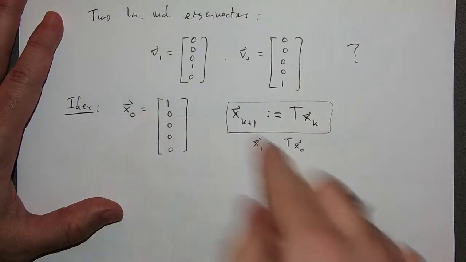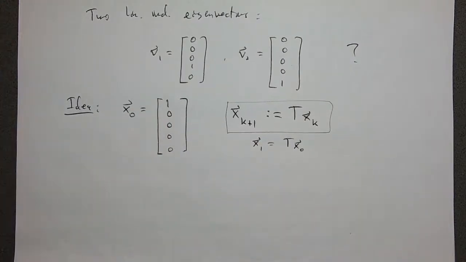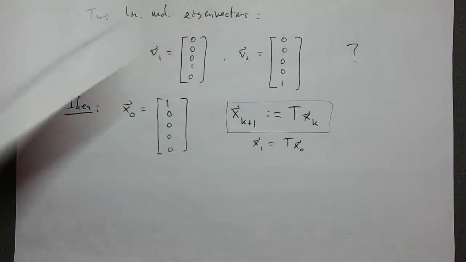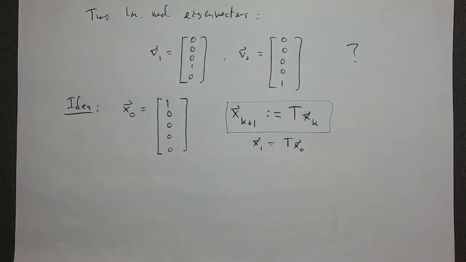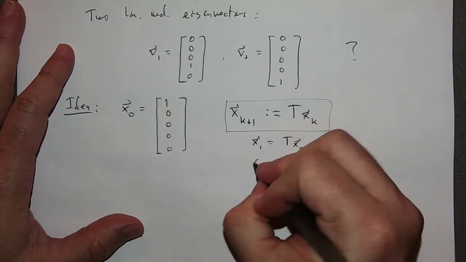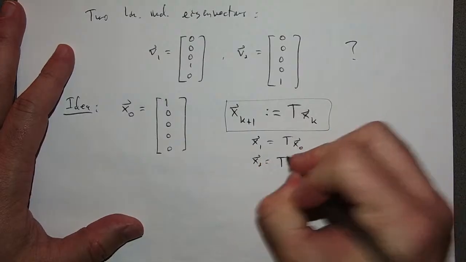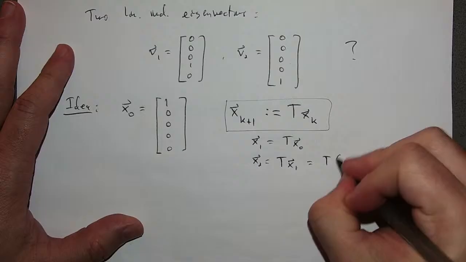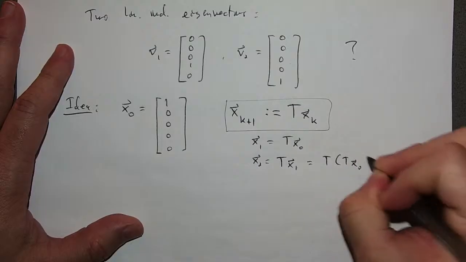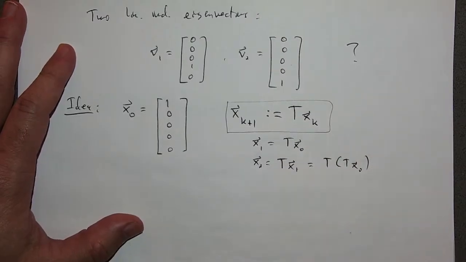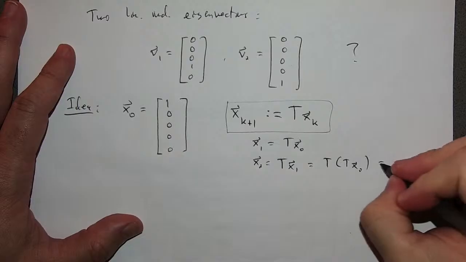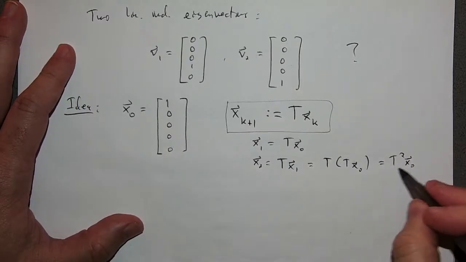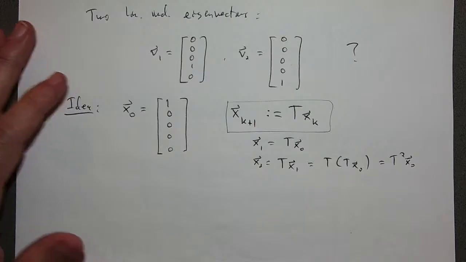Here's x naught, our matrix T. Let me flash it on screen again. Remember, it's this. So this gives us x1. To get x2, we hit x1 with T. But of course, really, this is T times x naught. So we can have all of this in terms of that initial vector, and this would be T squared x naught. And just as before, it's powers of T that matter here.